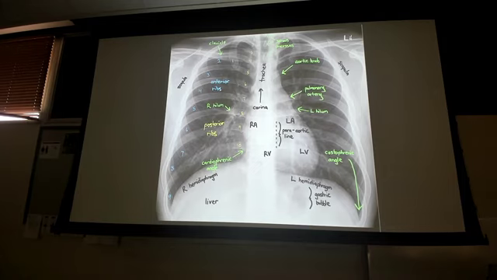Middle or lower depends on whether it's hiding the right atrium of the heart, or if it's hiding the hemidiaphragm.